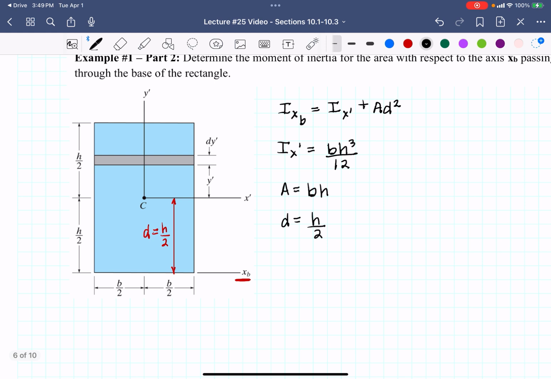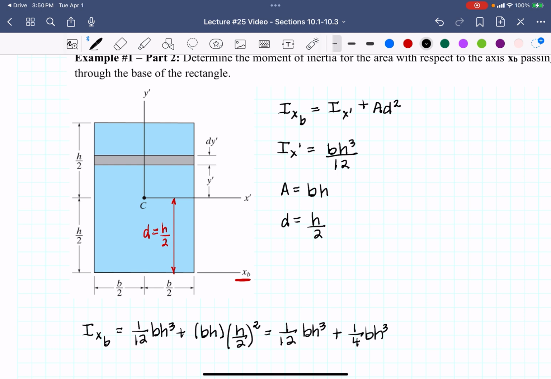So to find Ixb is going to equal 1/12 bh cubed plus bh times h over 2 squared, which equals 1/12 bh cubed plus 1/4 bh cubed, which equals 1/3 bh cubed, which equals Ixb.